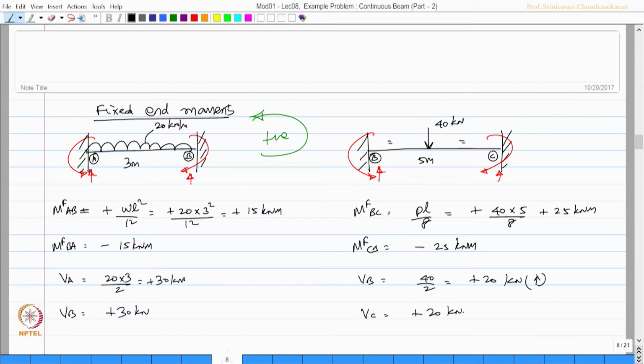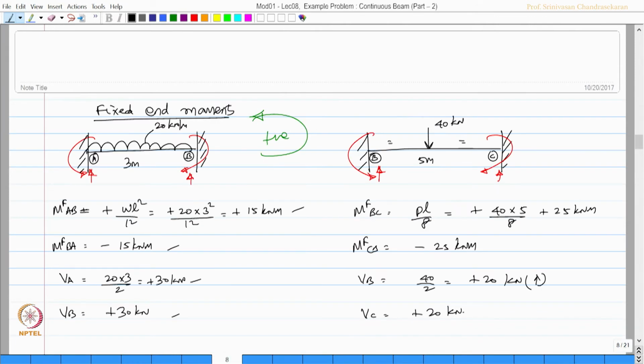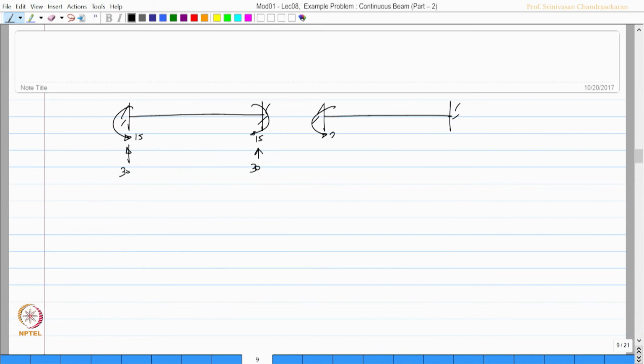That is what we got from the last slide. Okay. 15, 15, 30, 30. Similarly, this value is 25, this is again 25, and this is 20, this is 20.